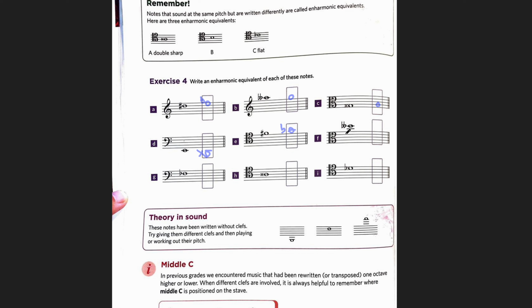This is a C, E, G, B, D double flat, which could be equivalent to a C. This is an F flat, which is equivalent to an E. This is a double sharp, which is the equivalent. An A double sharp is the equivalent of a B. This is a D flat, which is equivalent to C sharp.